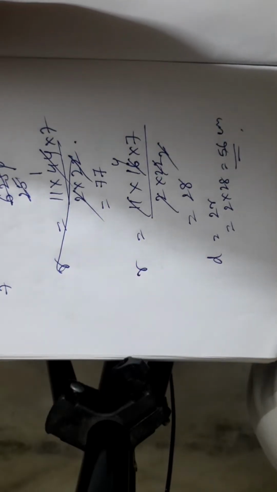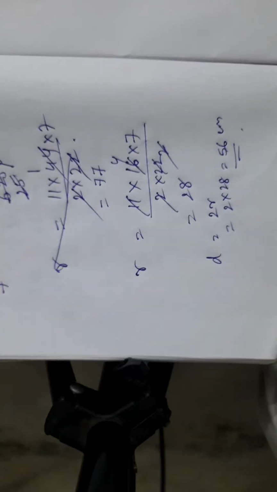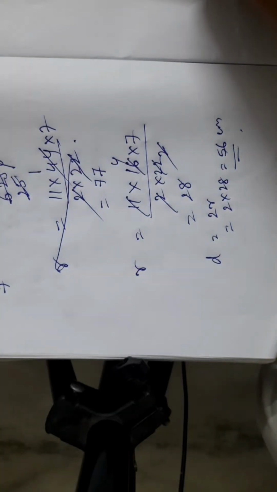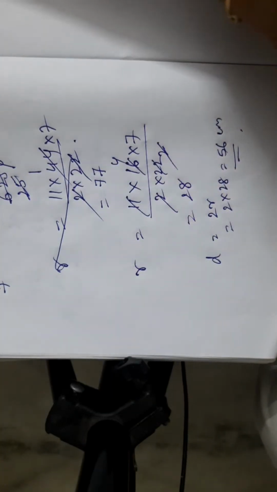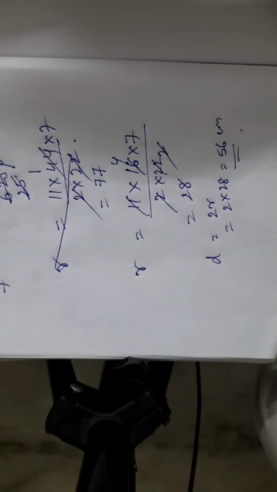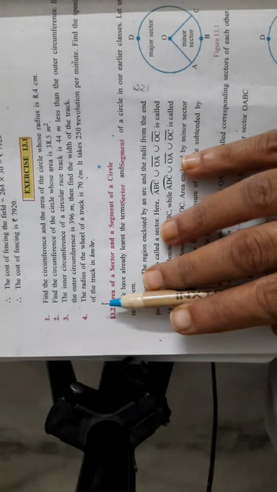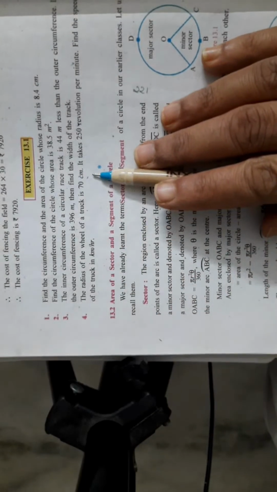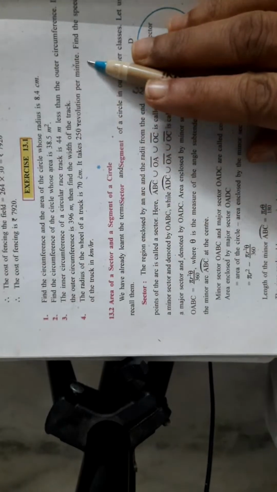Okay, next question. Same type only. The radius of the wheel of a truck is 70 centimeters. Here I'm keeping the question. Solve it. The radius of the wheel of a truck is 70 centimeters. It takes 250 revolutions per minute.